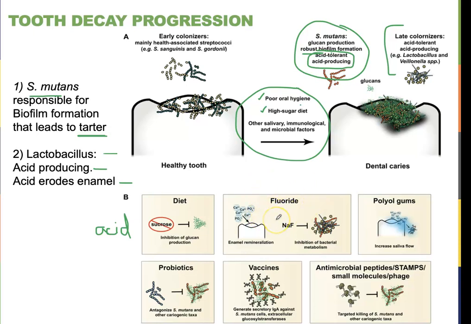Here, fluoride is used to harden the enamel. So when fluoride is used, the metals here, calcium, phosphate, the things that will help build the enamel, fluoride is going to strengthen that. Fluoride also inhibits metabolism of the bacteria. This is a picture of just sugar-free gums.